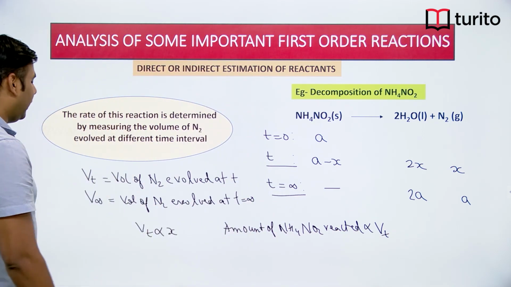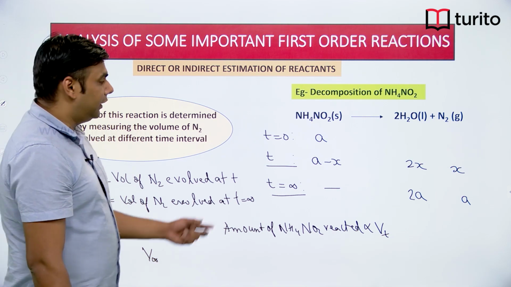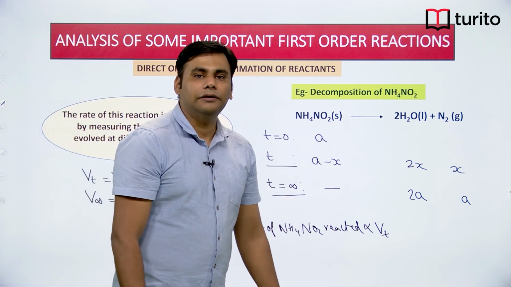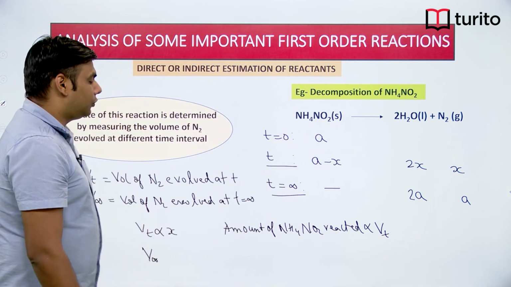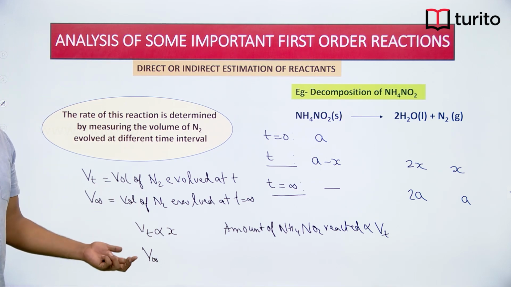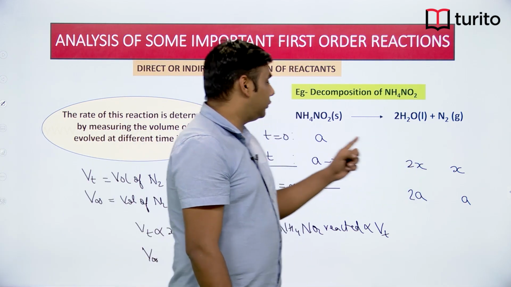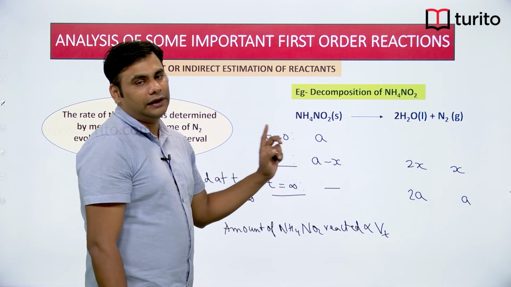Now at time t equals infinity, when the reaction is complete, the entire reactant has converted into product. So the volume of N2 recorded at that time would correspond to its moles, that is A, which was also the initial concentration of the reactant.